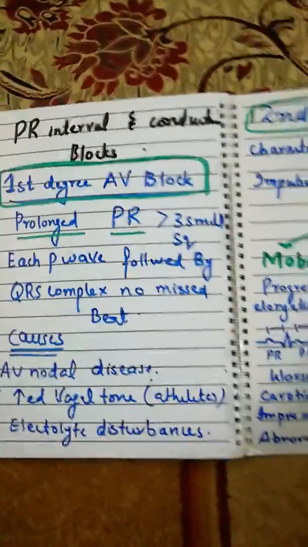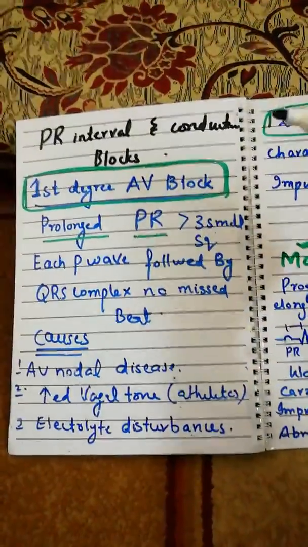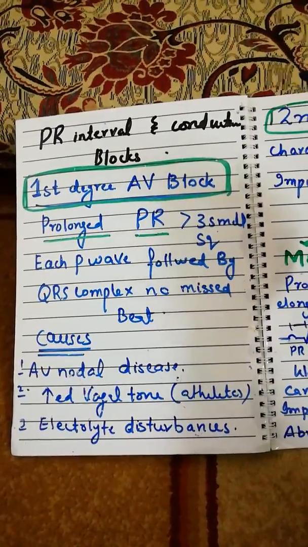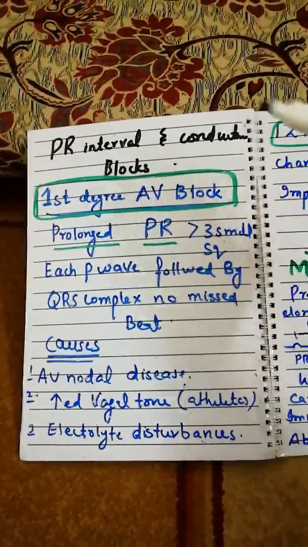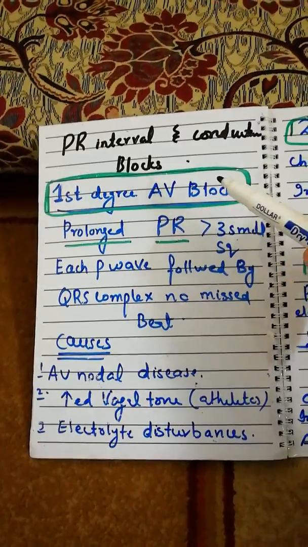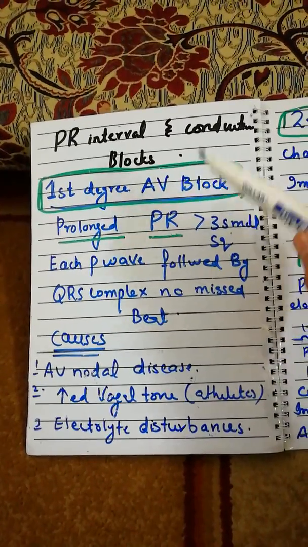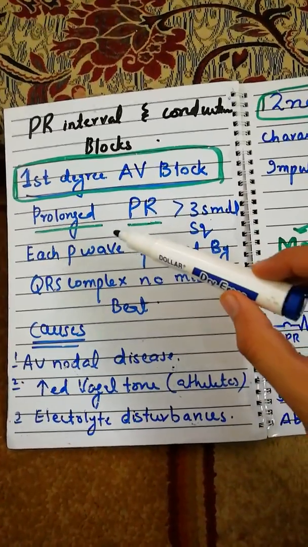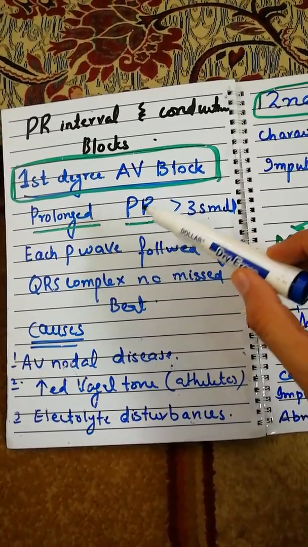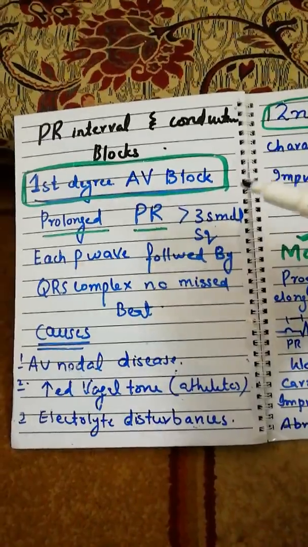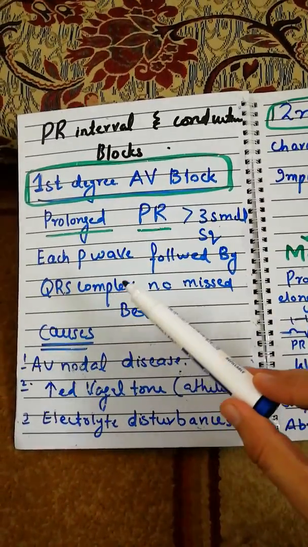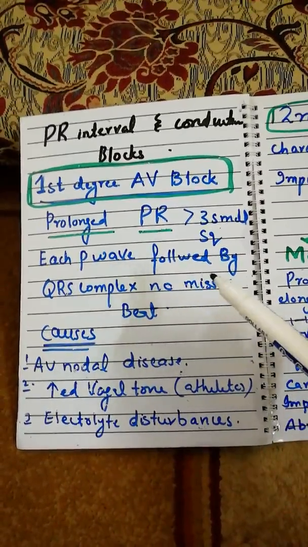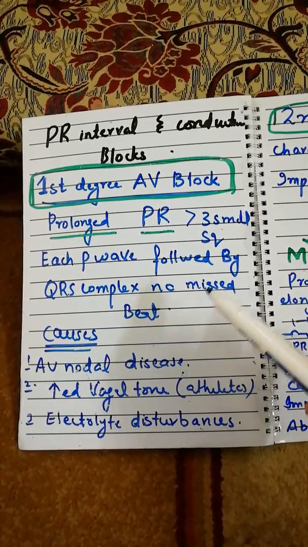First I want to tell you about the different conditions of PR interval blocks. So the first one is the first degree atrioventricular block. In this first degree heart block, the PR interval will be prolonged. It will be more than 3 small squares. Each P wave is followed by a QRS complex, meaning there will be no missed beat.